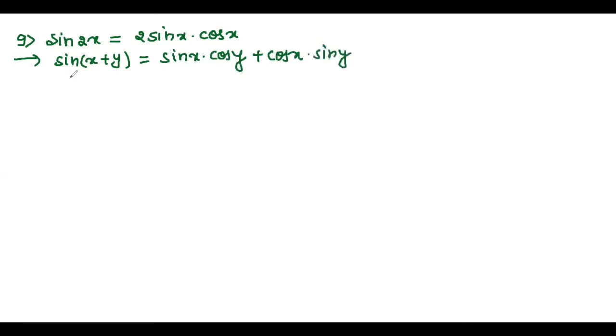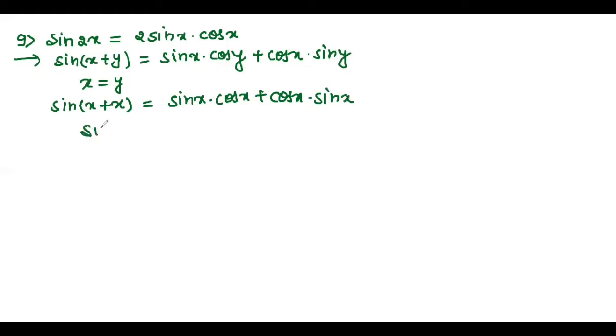If we apply x equals y, it will be sine of x plus x, and on the right hand side also we apply x equals y. So sine x into cos x plus cos x into sine x. So here we have sine 2x equals 2 sine x into cos x. So we got that.